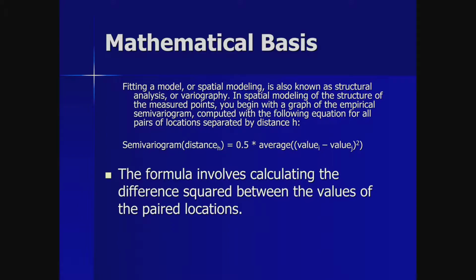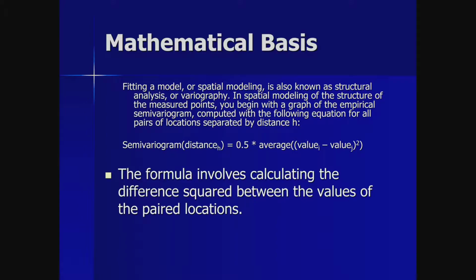It goes through and finds, if you specified a distance of 5 meters, how much variability there is between points that are on average 5 meters apart. So it calculates the differences between those known values, those paired locations.